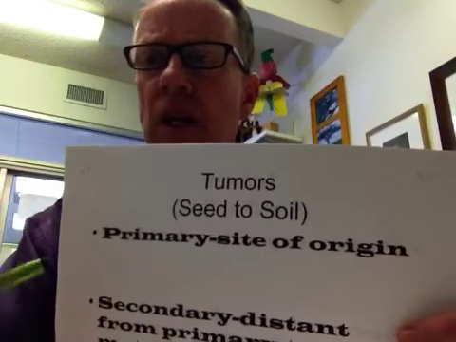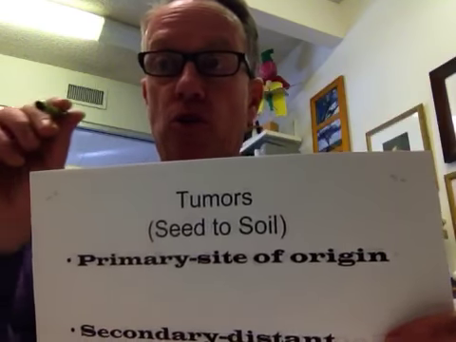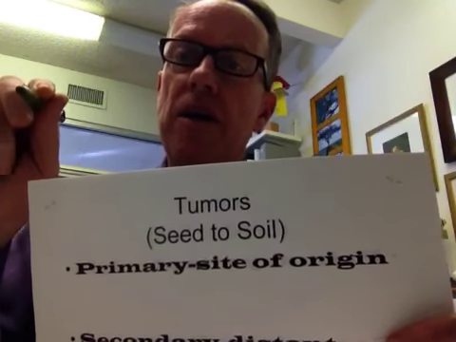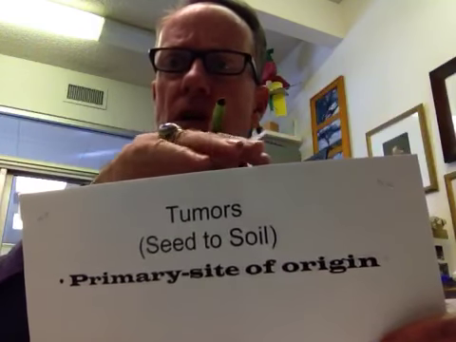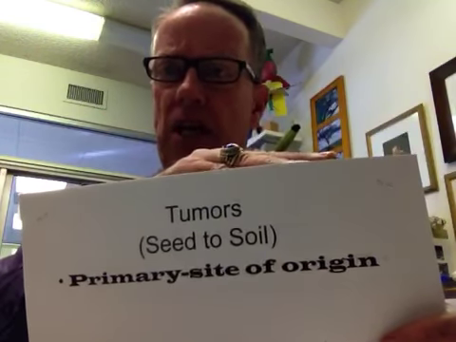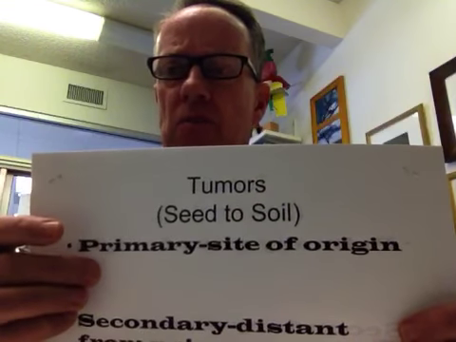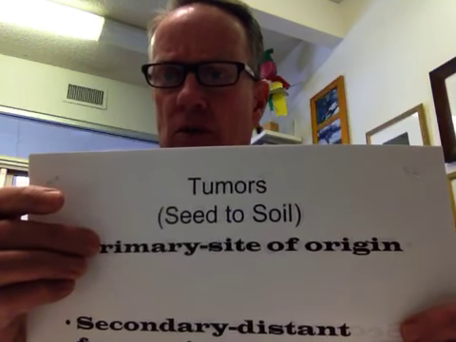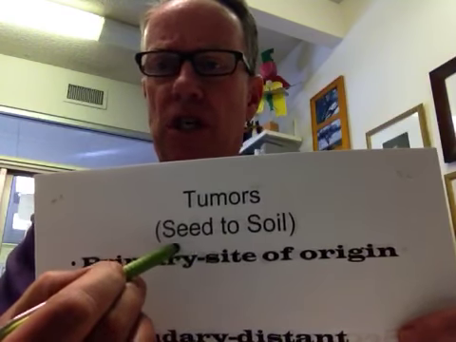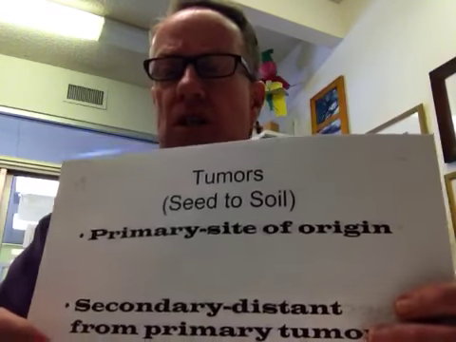Now, cancerous tumors can be defined by primary site of origin, in other words, where the dysplasia begins and from whence the metastatic spread occurs. This can be analyzed because when it becomes metastatic, the beginnings of the cancer started in one locality. That's considered the seed, and it spreads to the soil, which would be distant tissues.